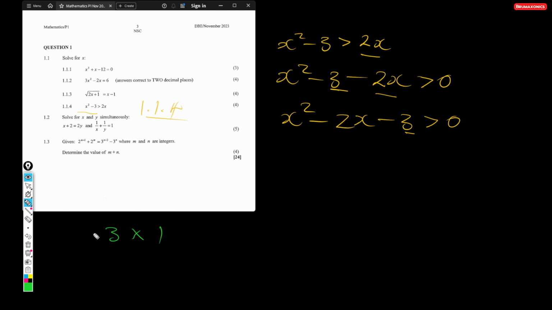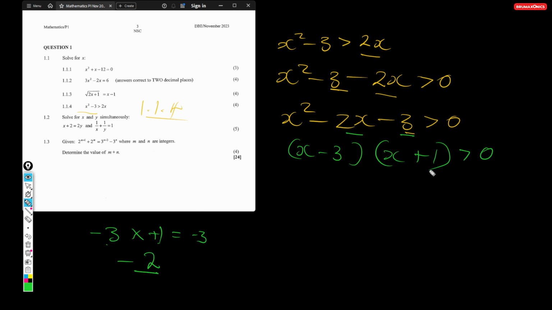However, if we make this a minus and this a positive, this times this will give us negative 3, and then when we add them, we get negative 2. So it means that now that applies. So our factors will be x minus 3 and x plus 1 greater than 0.